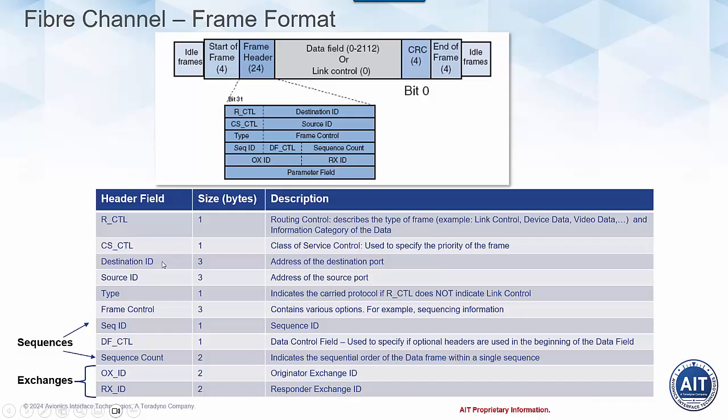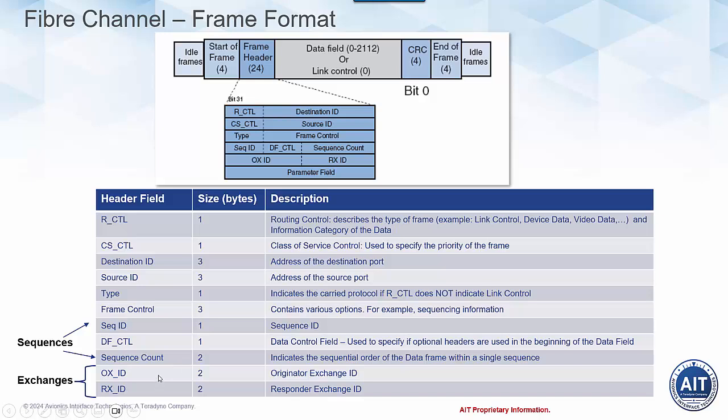The major points of this: you have a source ID and a destination ID, which indicate the address of the source port and the destination port for the frame. When we talk about the data hierarchy, you have a sequence ID and a sequence count. The ID identifies the sequence that the frame belongs to, and the sequence count indicates the order of that frame within the sequence.